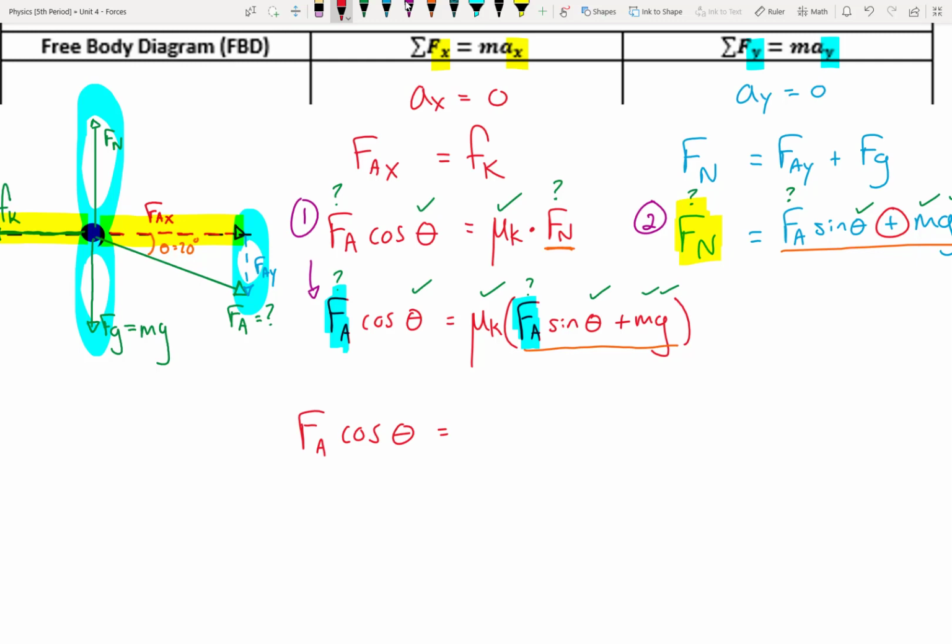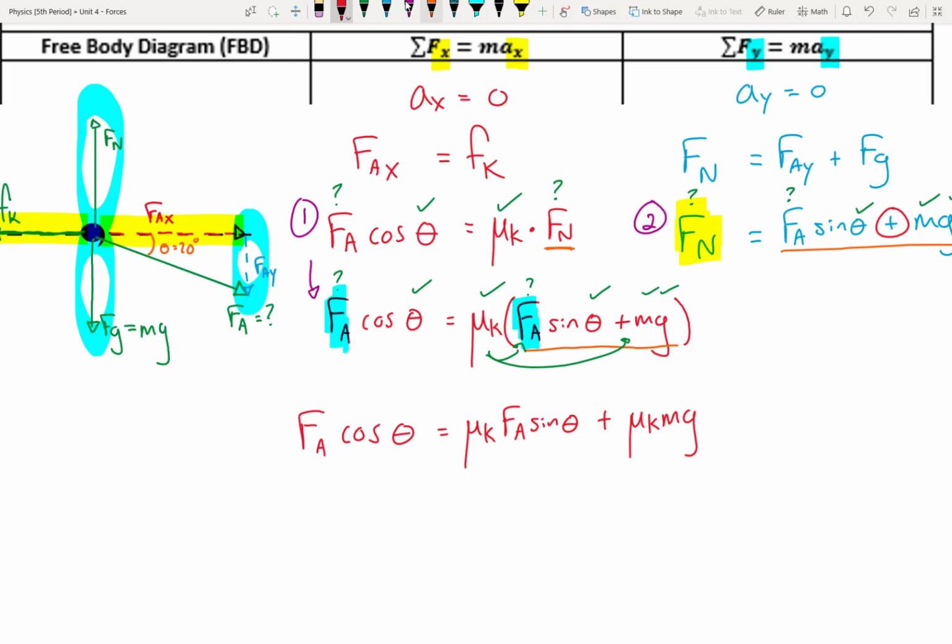So I might do that by distributing my mu k here, multiplying it through to both terms, because I want to get the Fa on the right side over to the Fa on the left side, or vice versa. I need to get Fa by itself. So I'm going to distribute: mu k Fa sine theta plus mu k multiplied over here as well, mu k mg.